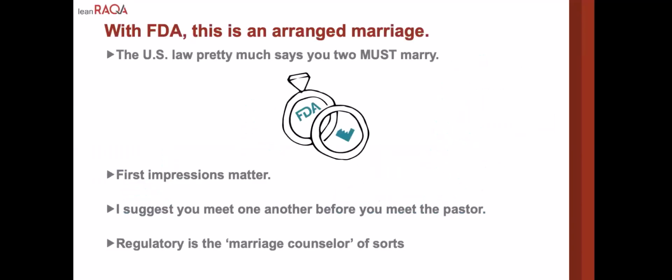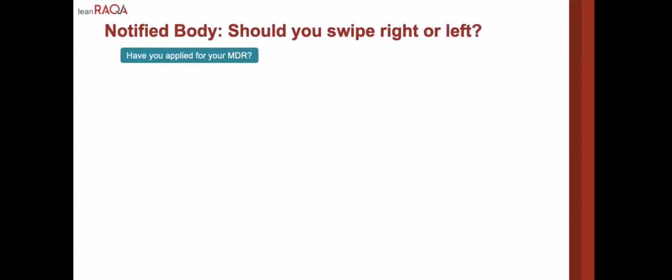So FDA is essentially an arranged marriage. You are going to have to play nice with the FDA to bring your products to market in the US. Therefore, your first impressions really matter with the FDA. Whereas the notified bodies are private for-profit entities in the European Union.